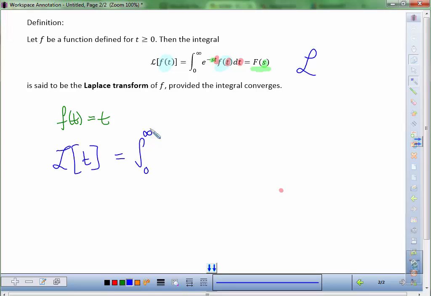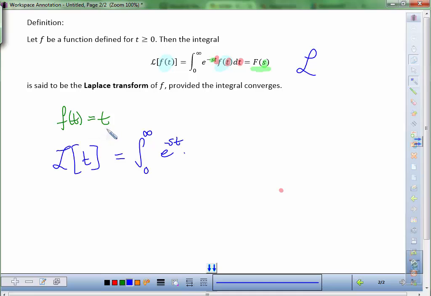Just put it into Wolfram Alpha. So this is going to be e to the negative st. And I think the book calls it a kernel. This is your kernel function. Oh, negative. Thank you. That would make a difference. And then the function f itself.